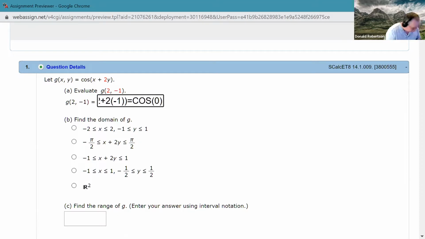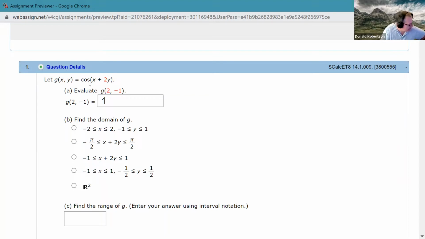And the cosine of 0 is equal to 1. So the bottom line is that thing is equal to 1. Does that make sense? Plug x equals 2 here. Plug y is -1 here. And you end up with the cosine of 0, which is 1.